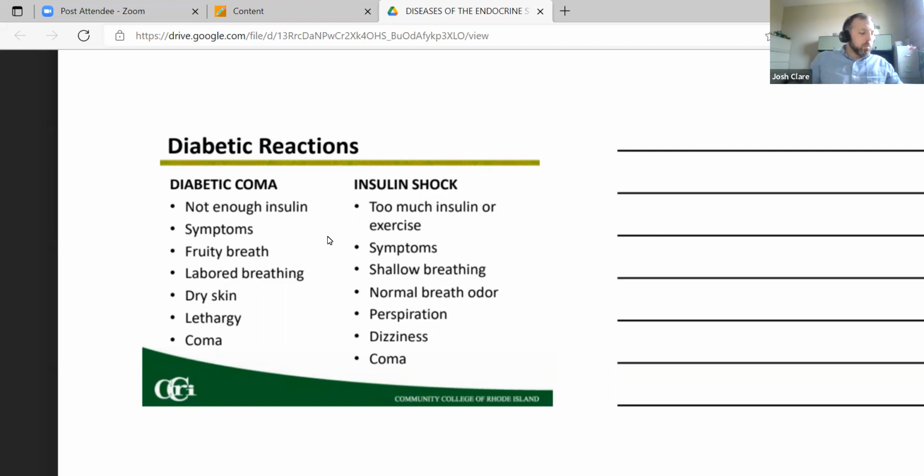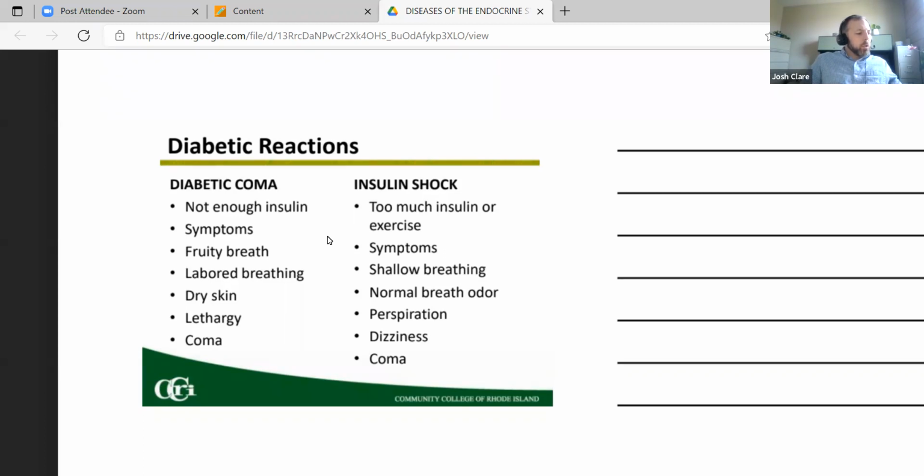Insulin shock results in having too much insulin or having too much exercise for the amount of insulin that they are taking. So slow, shallow, rapid breathing, normal breath odor, but will perspire or feel clammy. Might complain of dizziness, appear clumsy or stumble, could be mistaken for intoxication.